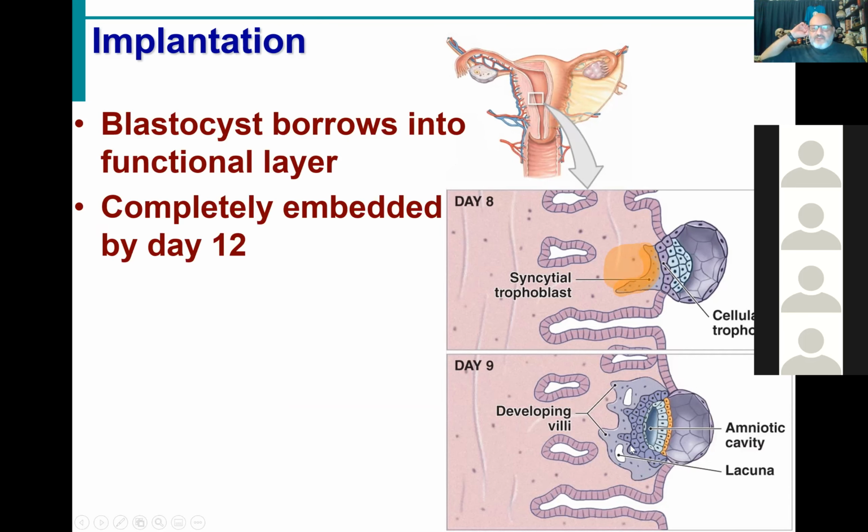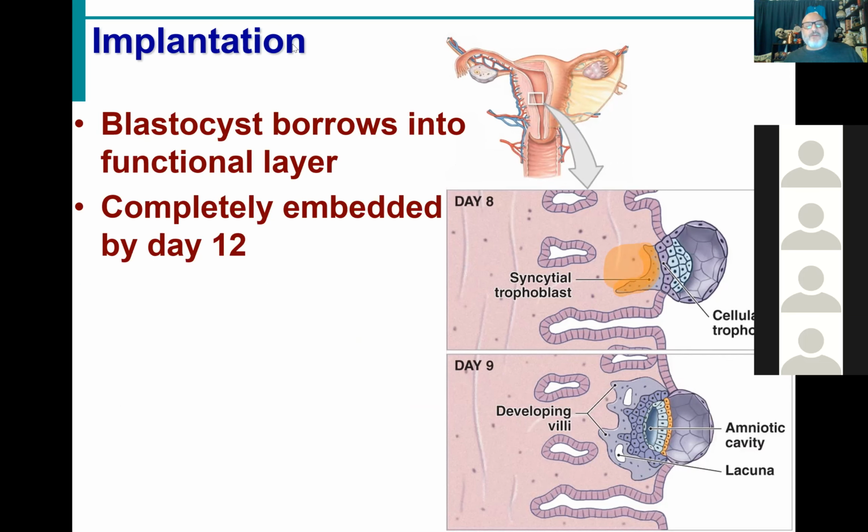So it continues to dig its way in. And as it is continuing to dig its way in, it is basically going to form two structures that are going to form the foundation of the placenta.